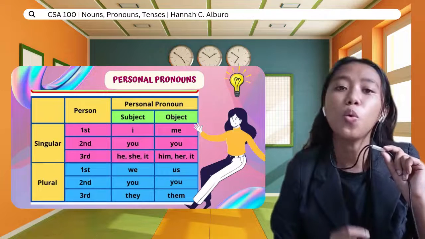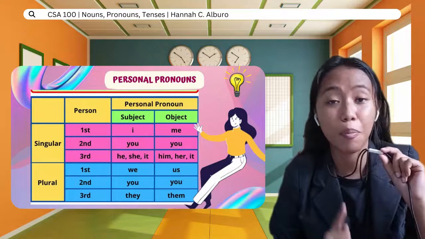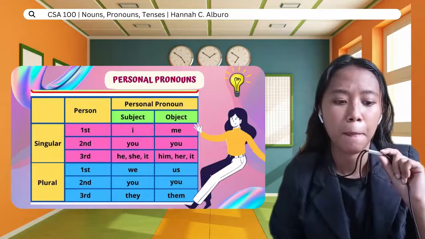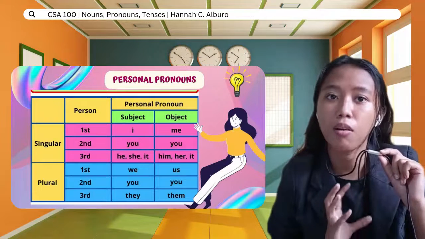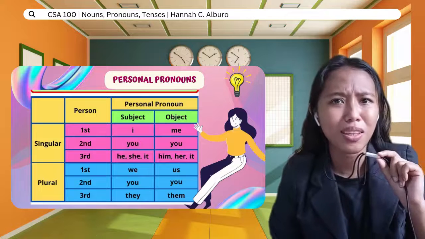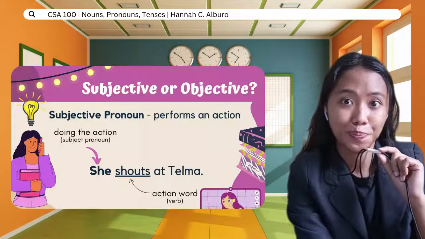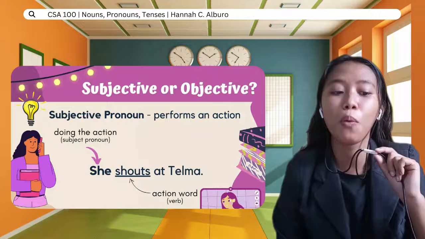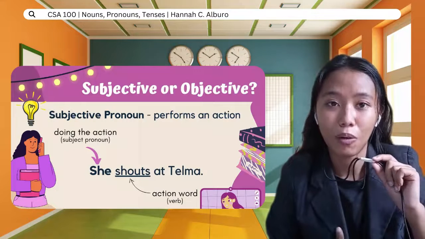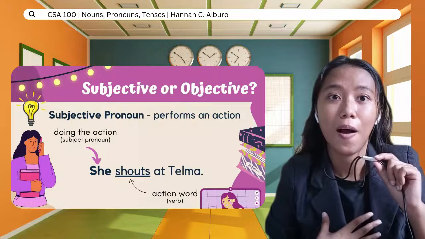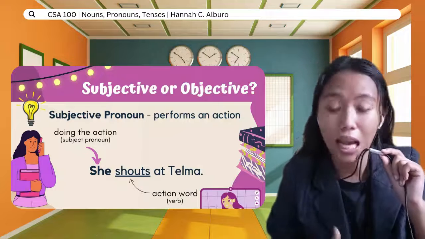So, you may notice that the pronouns are divided into being a subject or object. What is the difference between the two? Let's find out. A subjective pronoun is a pronoun that performs an action.